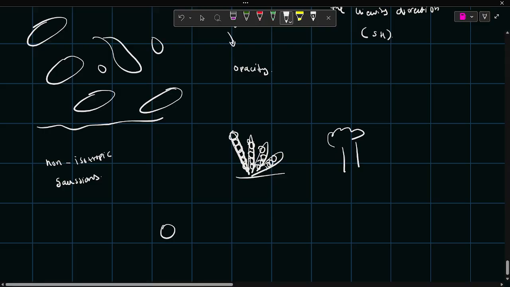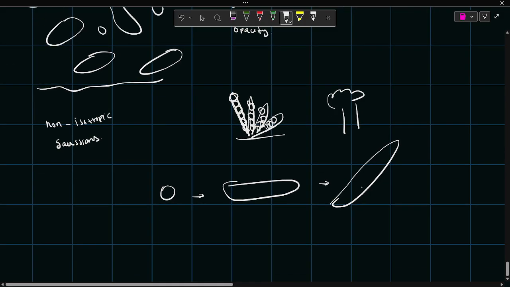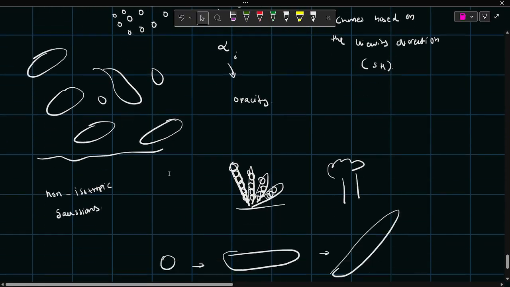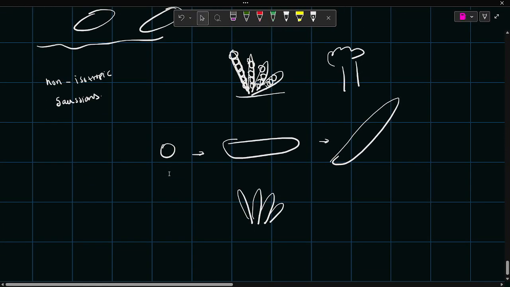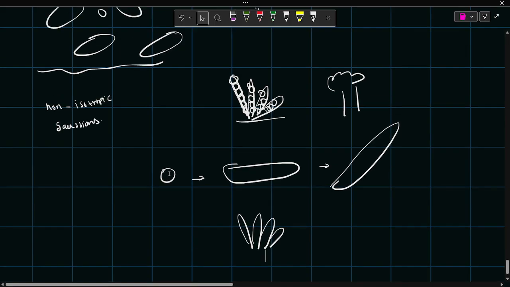So what we do is we take this, elongate it, then stretch it. We can do a lot of weird operations, so we can essentially represent grass. The nature of a Gaussian helps us do this. 3D Gaussians help us represent interesting shapes and sizes.